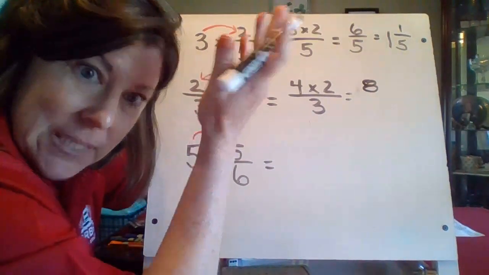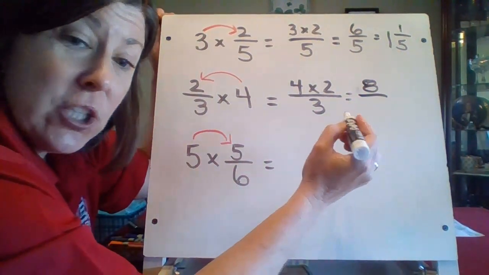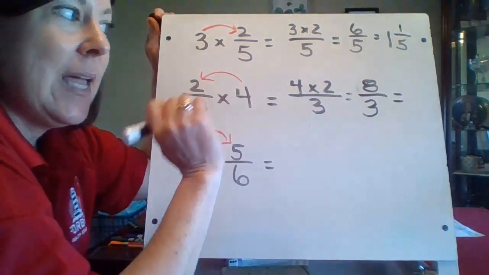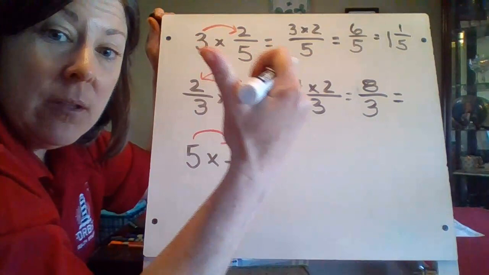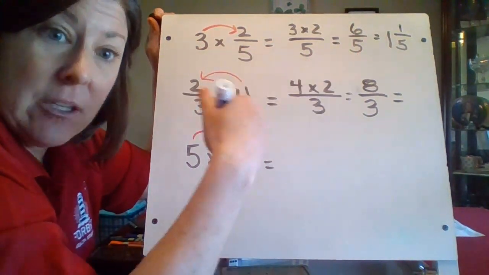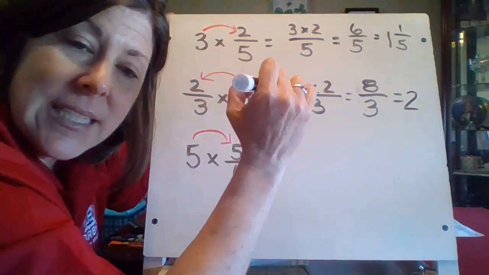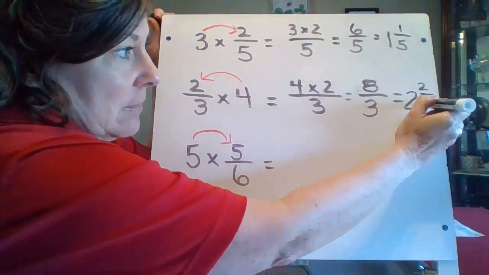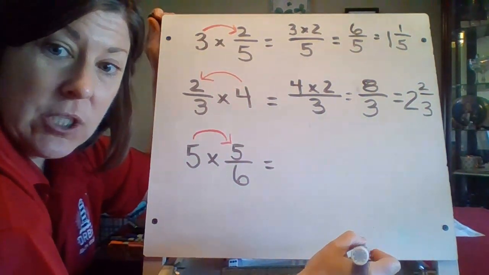I added them, silly mistake. I end up with 8 thirds. How many wholes can I get from 8 thirds? Well, 3, 6, there's 2 wholes, 6 thirds. And I still have 2 left over. My final answer, 2 and 2/3.